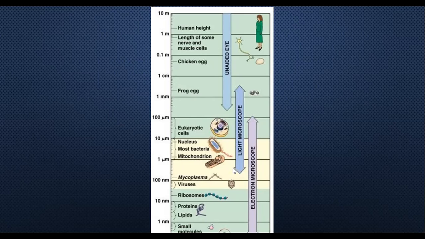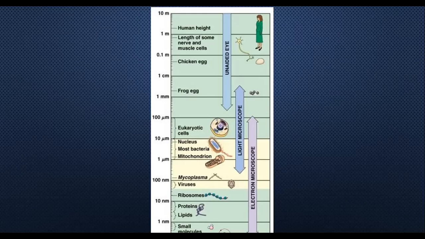If we again go down from micrometer to nanometer, we have to use the electron microscope as shown in this figure. We can observe 100 nanometer. For example, mycoplasma or many viruses are in this range of 100 nanometers.